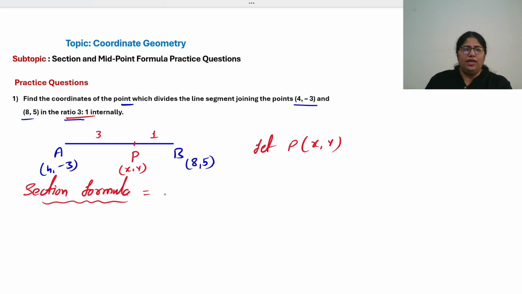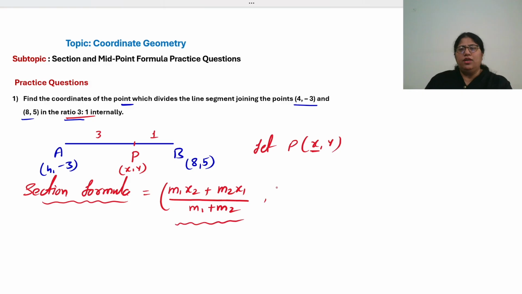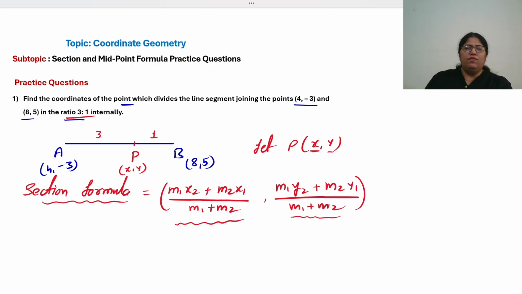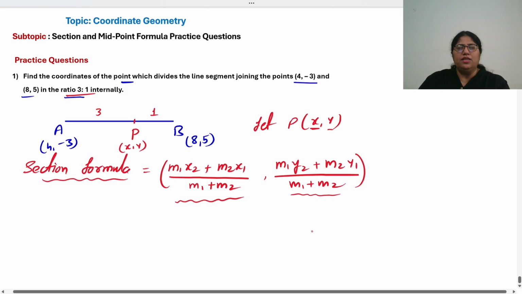The section formula says the x coordinate of P is (m1 x2 plus m2 x1) by the sum of the ratio, which is m1 plus m2. Then the y coordinate of P is (m1 y2 plus m2 y1) by m1 plus m2.